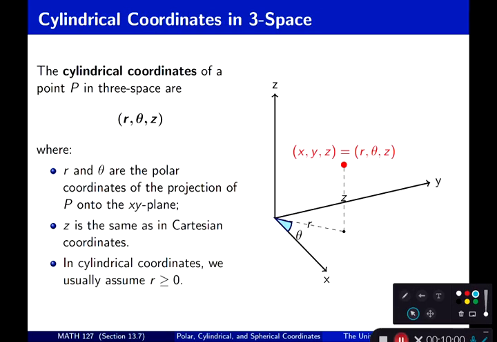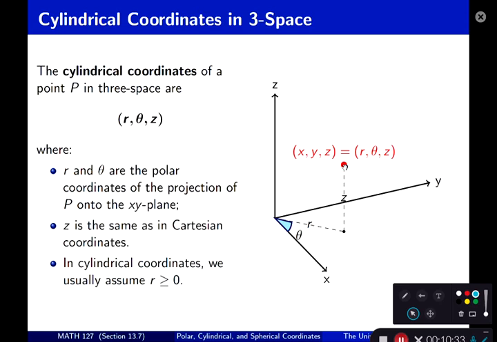Cylindrical coordinates in 3 space. The cylindrical coordinates of a point P in 3 space are r, theta, and z. So if you take a point in Cartesian 3 space x, y, z, and you want to convert it to r, theta, z, the z stays the same.